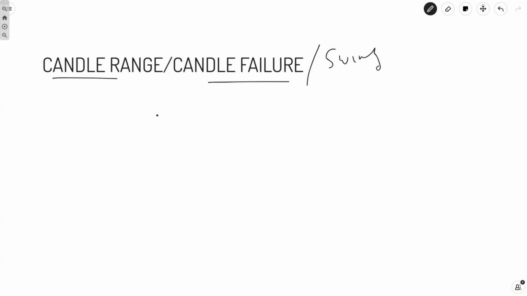So whenever you find such a setup, and it must be on the daily time frame, we have one candle and the other candle that came out fails to break below or fails to break above a certain candle. This is what we call the candle failure.